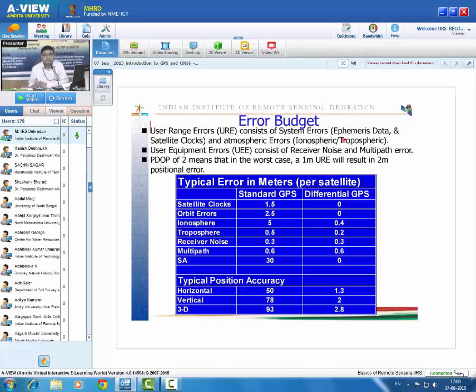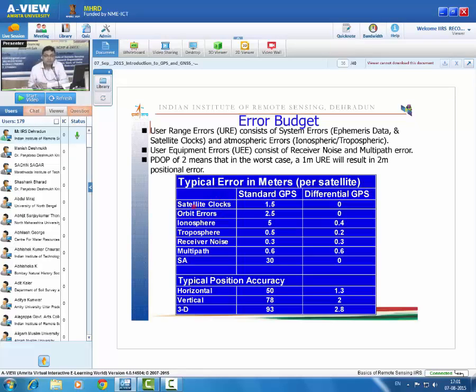Then there is an error budget. Every component which is used to calculate the distance between the satellite and the user accrues some kind of error within the total calculation. That is the calculation of the pseudo range, that is the distance from the satellite to the receiver.